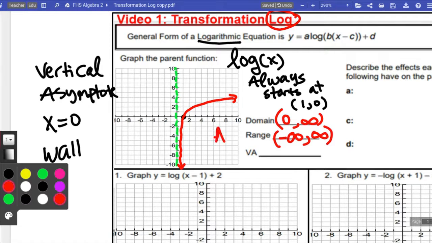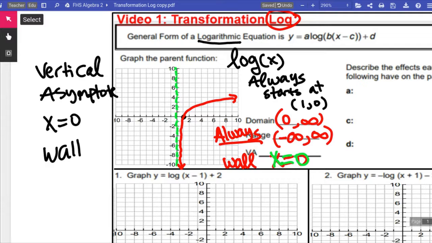This will always be the case for the range. The vertical asymptote, which I also call the wall, for the parent function is x equals 0, in green.